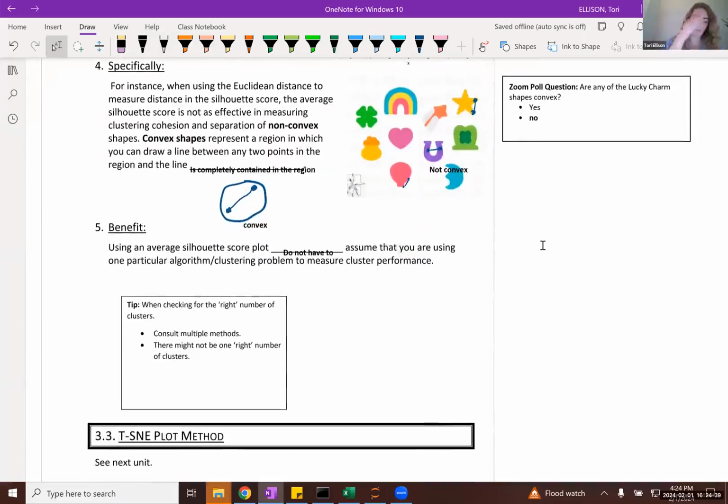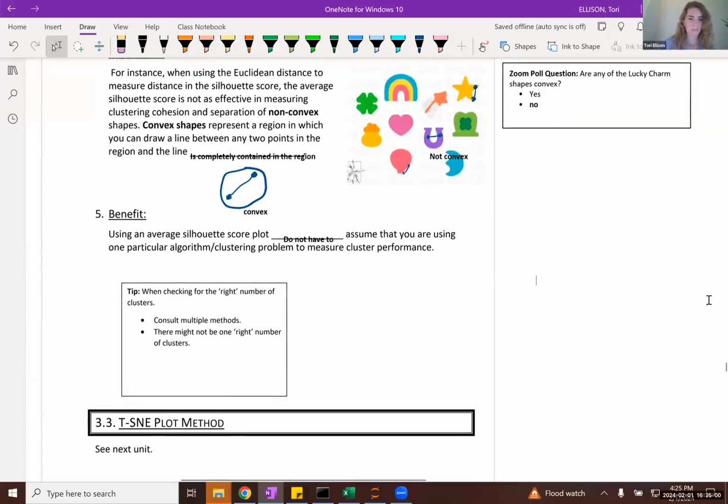And you can simply pick the average silhouette score that is highest to determine what number of clusters you're looking for. The bullet point is average silhouette score is not bound to any one particular definition of what a cluster looks like, essentially. So that can be beneficial.